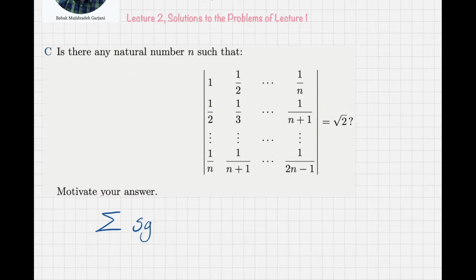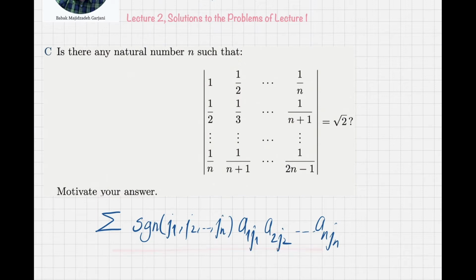So if I want to write a definition, it is the sum of these expressions, a1j1, a2j2 up to a n j n. This is the formula for calculating this determinant, and each one of these factors that you can see here are elements coming from this n by n determinant.